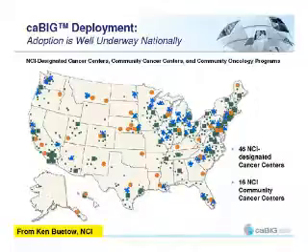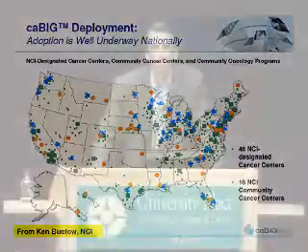This is the state of caBIG right now. These are various centers and sub-centers, so to speak, that are interconnected via the caBIG infrastructure, and there's a pretty successful deployment going on right now.